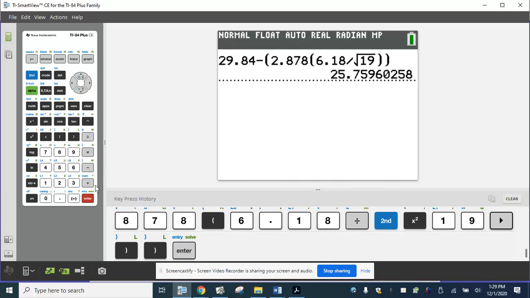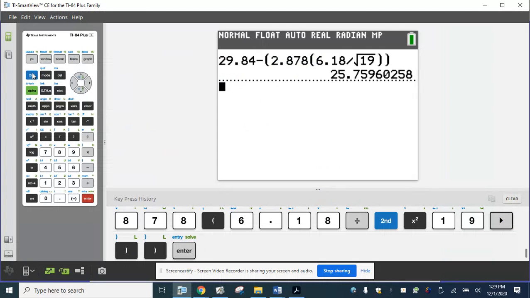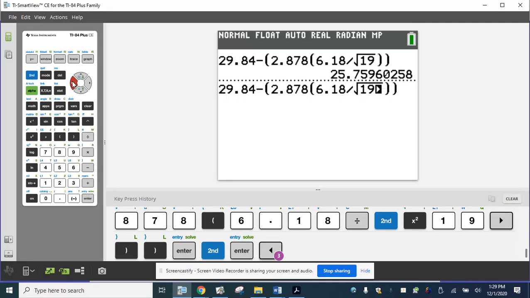So I got 25.762, so if I'm putting it on my curve over here, it's 25.76. And then I need to do the same thing, only I need a plus.